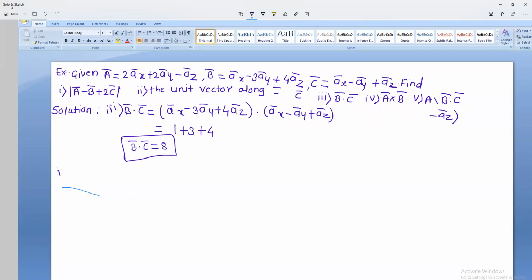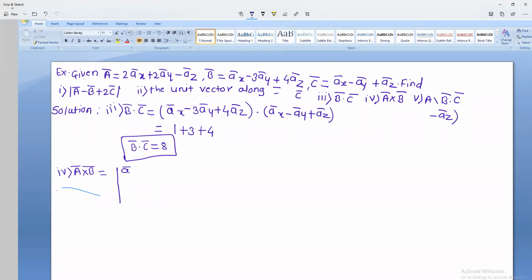Okay. So the fourth question is find A bar cross B bar. Now how to find this cross product? By using a determinant. This is a cross product of only two vectors.